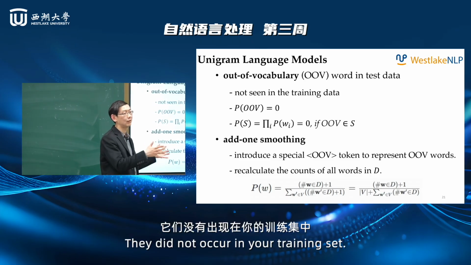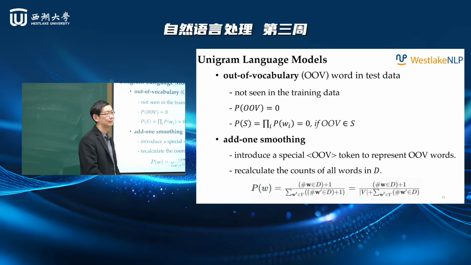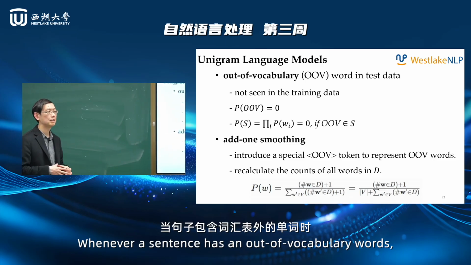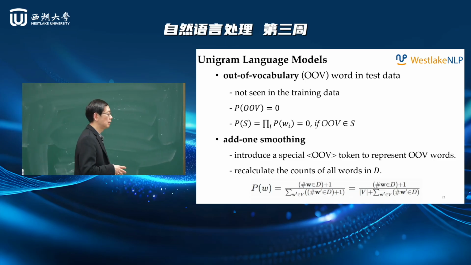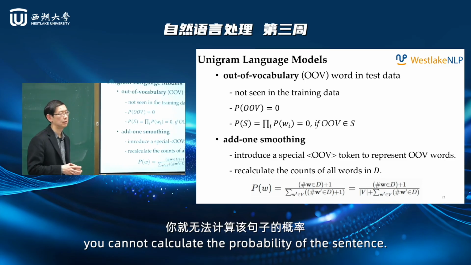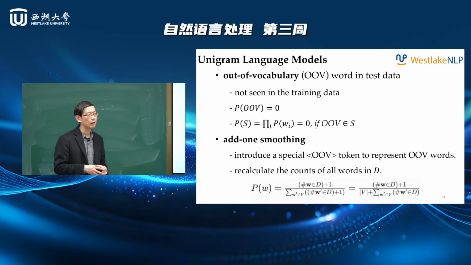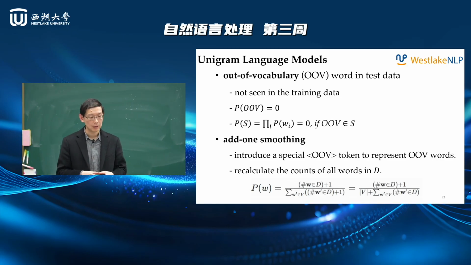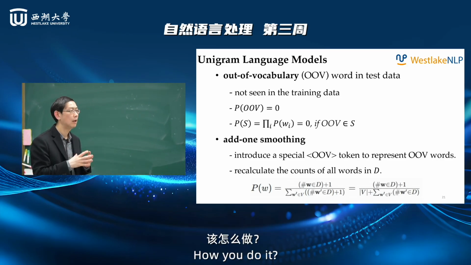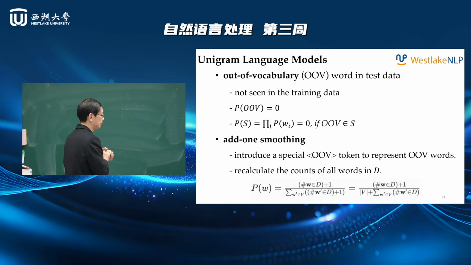They did not occur in your training set. Then whenever a sentence has an out-of-vocabulary word, you cannot calculate the probability of the sentence. We want to avoid that issue. This is called the out-of-vocabulary issue. Okay? Now how do you do it?